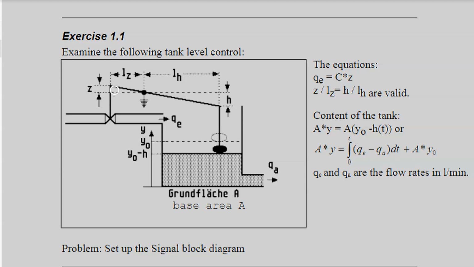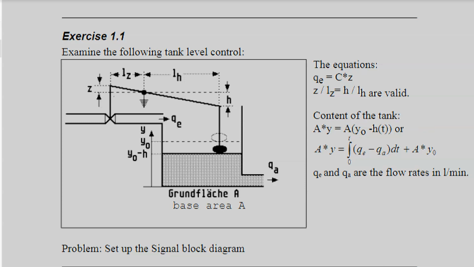The second is a lever law. The Z over LZ is the same as H over LH. So this is the lever law, just a proportional behavior, that this is proportional to this. The H value is proportional to Z value. Okay, and the final equation is here the content of the tank.